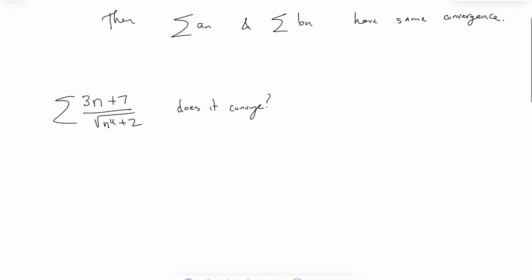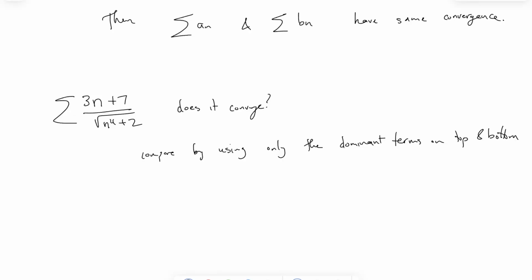But I'm going to compare by using, here's some little terminology, what our book calls the dominant terms on the top and the bottom.